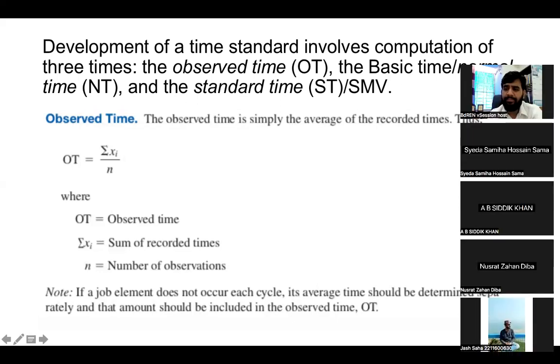What is observed time? Maybe Siddiq, Mr. Siddiq, are you here with me? Yes, sir. So what is observed time? Give me an example. First, please tell me what is n. Number of observations. How will you get the number of observations, or how will you know how many times you will observe the job to know the standard time?